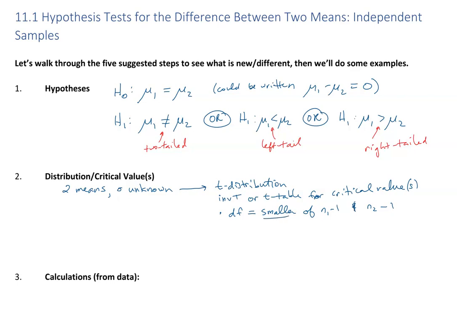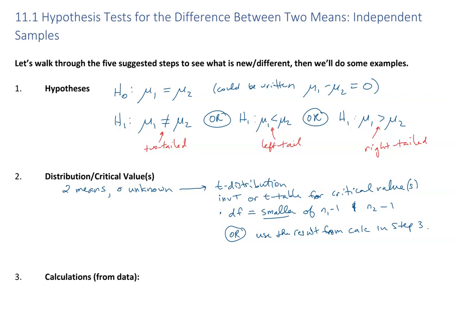That's the simple way. If you're a perfectionist, and I sort of am, you can use the result from the calculator in step 3, the calculation step. You can use that number and then get your critical value, so maybe not do your critical value in step 2, that's okay.